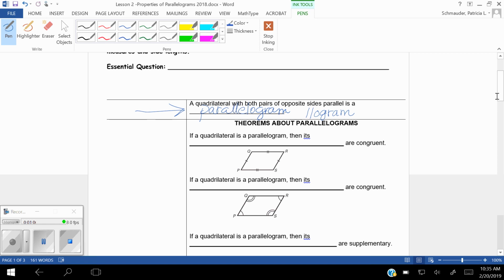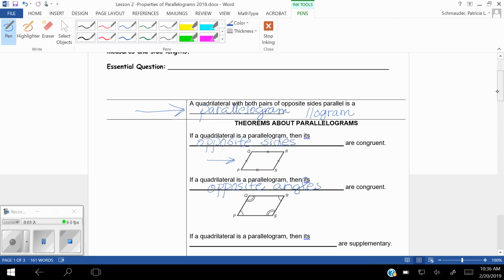Okay, now we got a lot of theorems, so let's just fill them in. If a quadrilateral is a parallelogram, then as we can see from this drawing here, its opposite sides are congruent. Next, if a quadrilateral is a parallelogram, then its opposite angles are congruent.